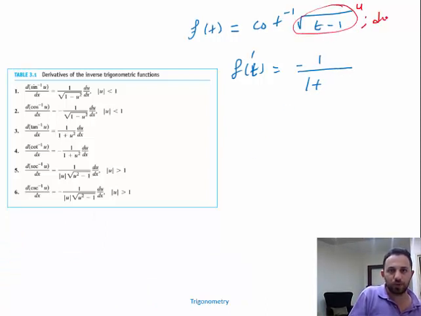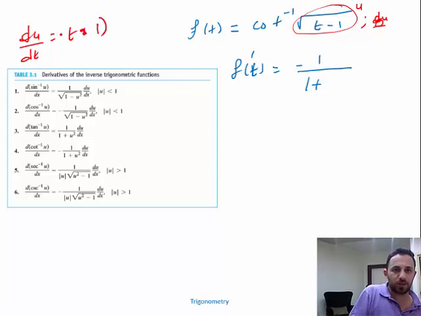And du by dt, let me write it here: du by dt, the derivative of radical t minus 1, which is t minus 1 power half. We want to obtain its derivative. So u is radical t minus 1, and radical t minus 1 is t minus 1 to the power half.